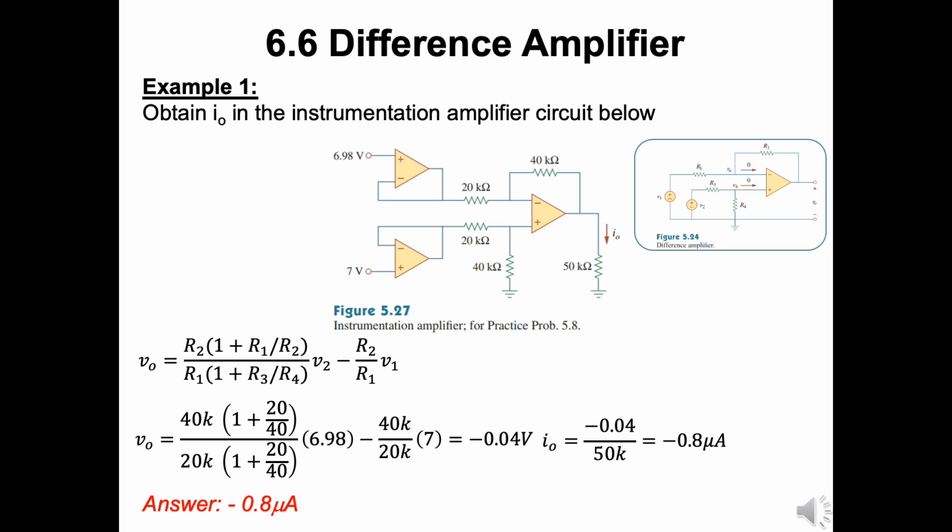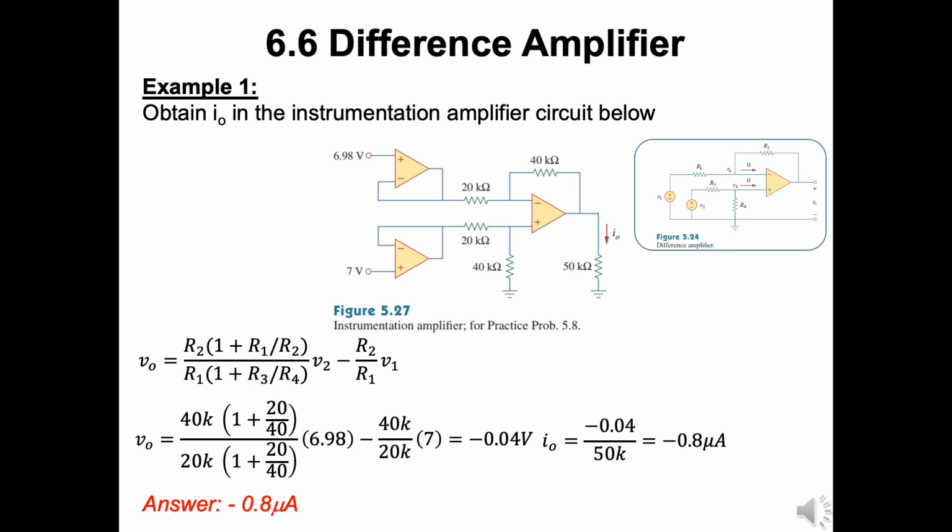For understanding the difference amplifier in Chapter 6.6, we will take a look at an example here. Obtain the output current in the instrumentation amplifier circuit below. First things first, we need to understand the figure given to us.